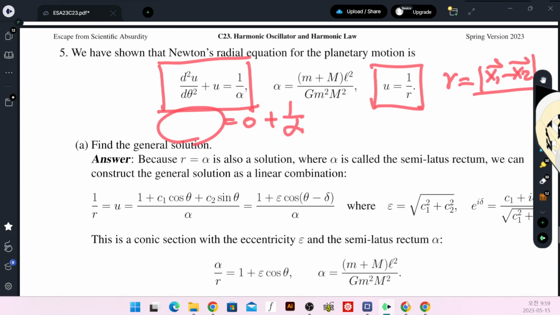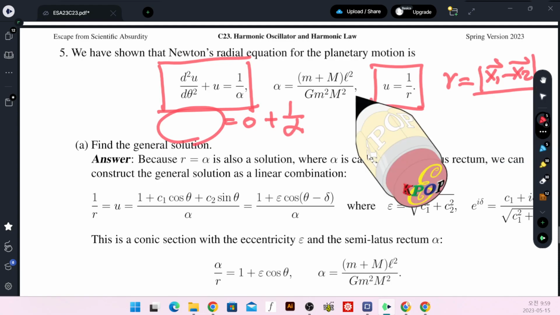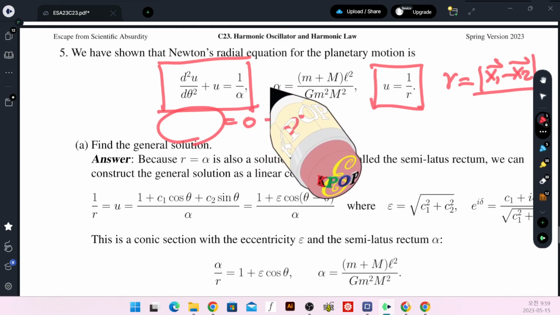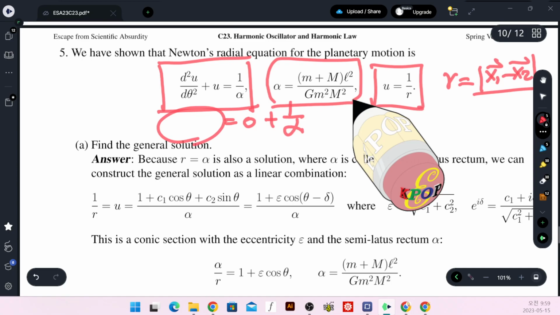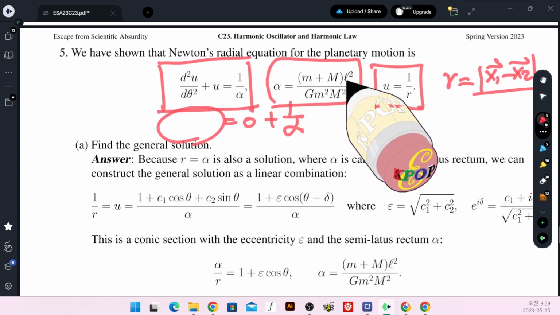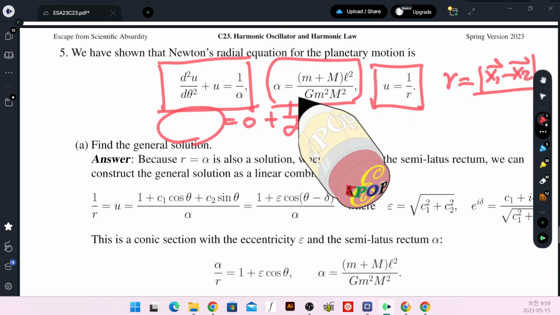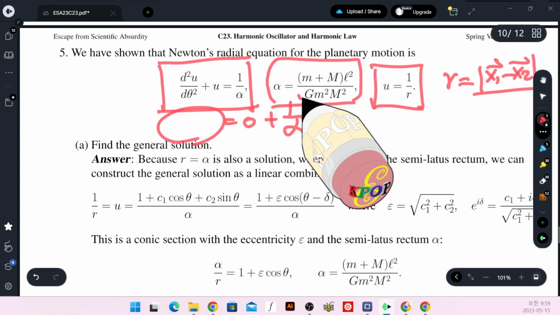So it is the relative distance of the sun and a planet. We also remember that alpha is the semi-latus rectum, which is completely determined by the orbital angular momentum, the masses of the planet and sun, and the gravitational constant.